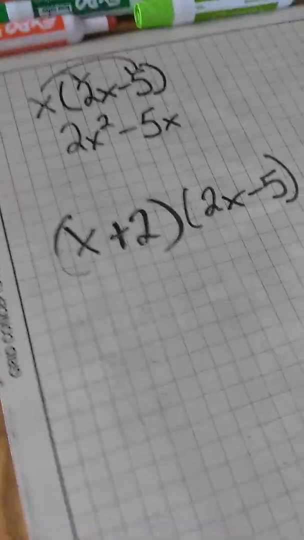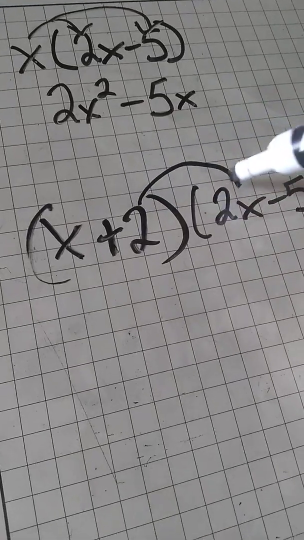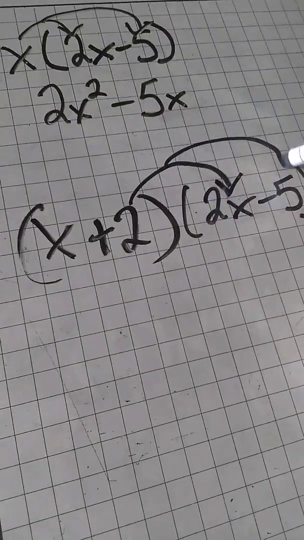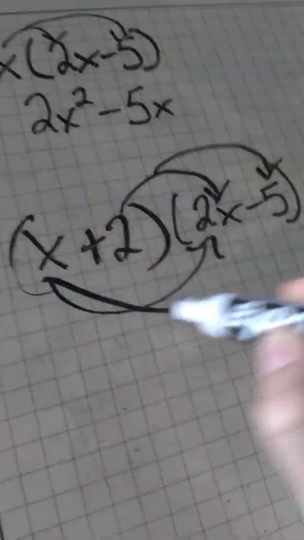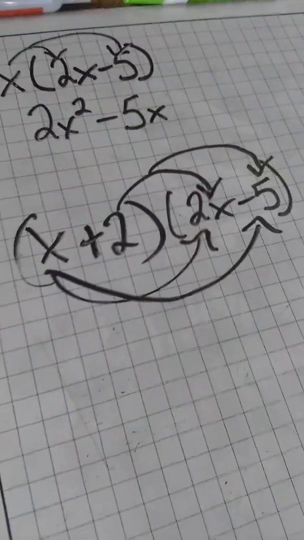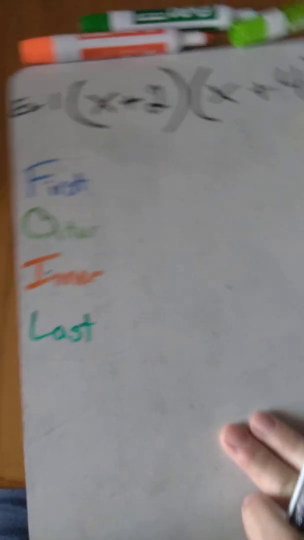And this works exactly the same way. You are going to distribute this 2 to both things inside, and then you'll distribute the x to both things inside.